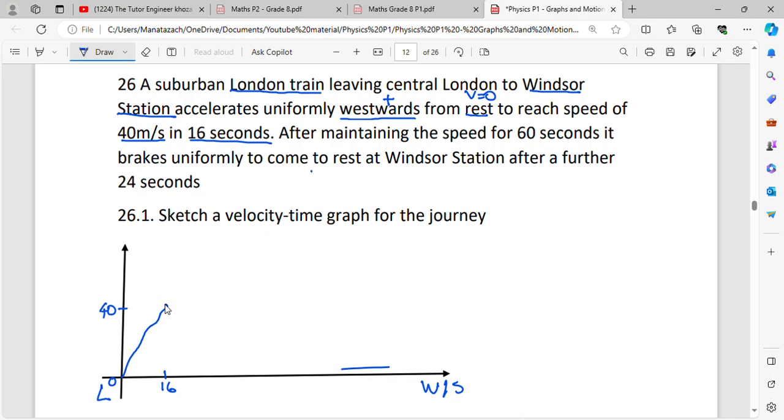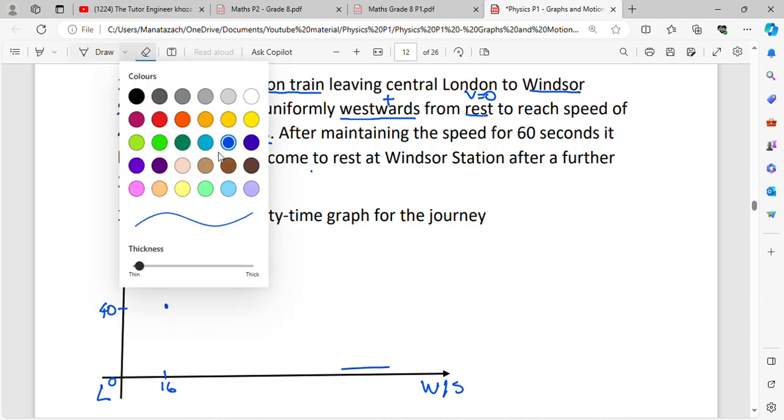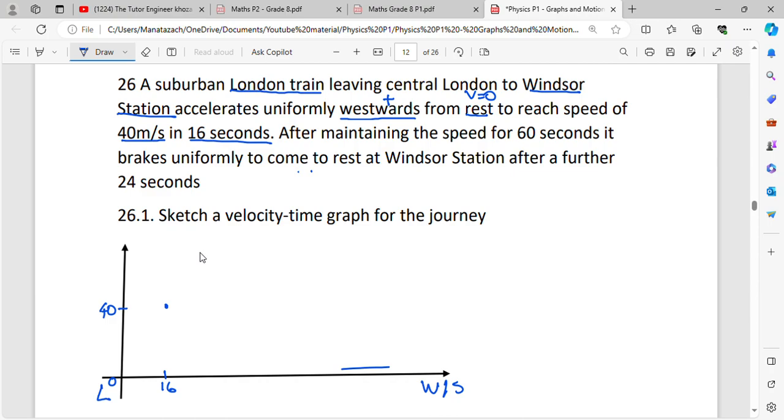It's supposed to at least look like a straight line. So let's just try and make it as straight as we can. Okay, now it looks better.